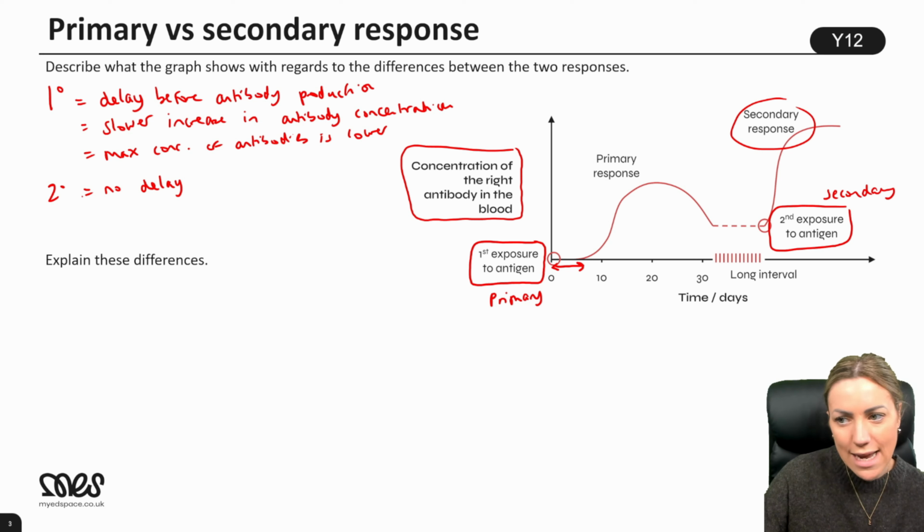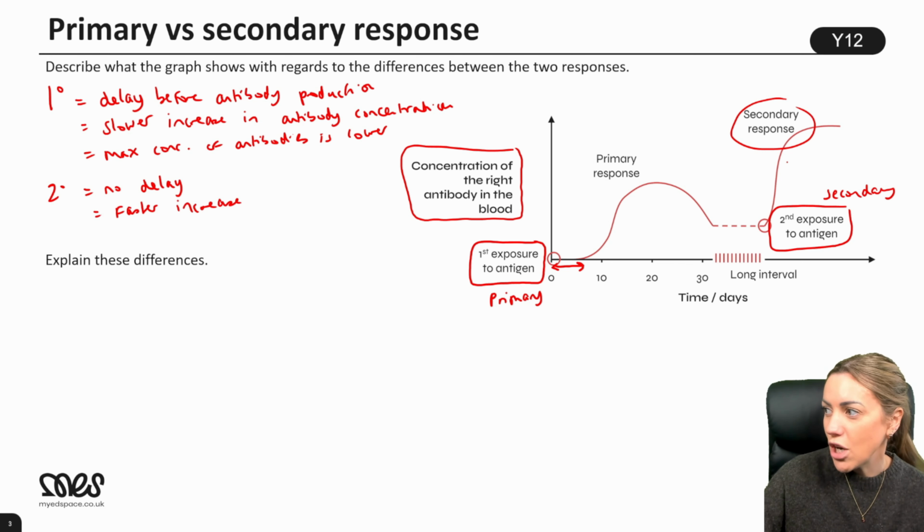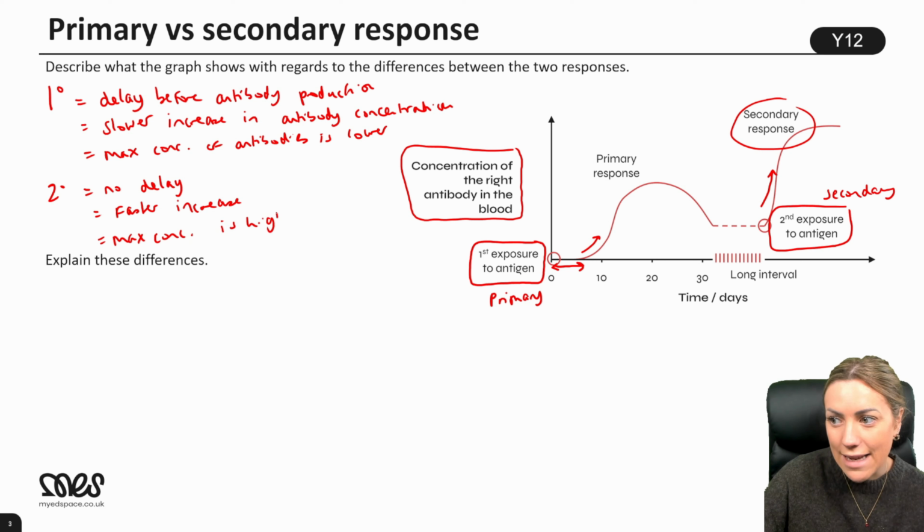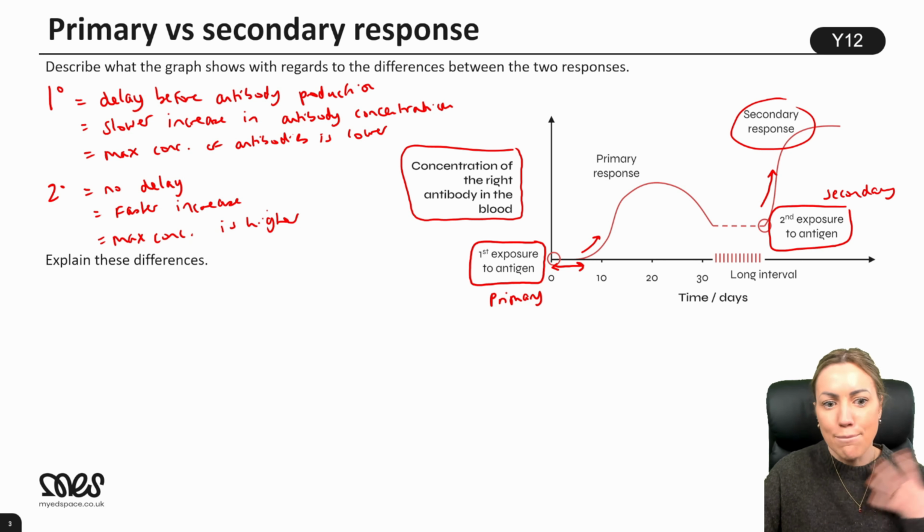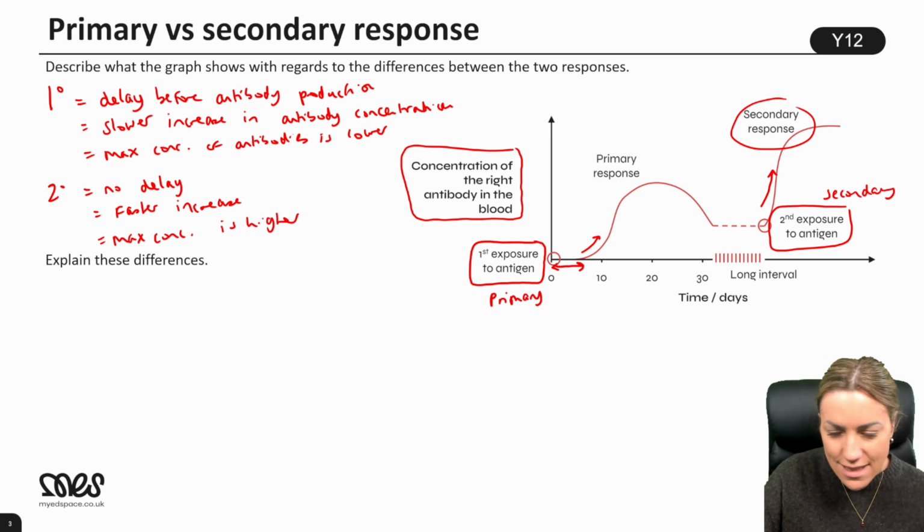So there's no delay in antibody production. It's a faster increase in antibody concentration. We can see the gradient of this line is much steeper than this line here. And the maximum concentration of antibodies is higher. So the peak is higher. We're making more antibodies, we're making them faster, and we're making them without delay.